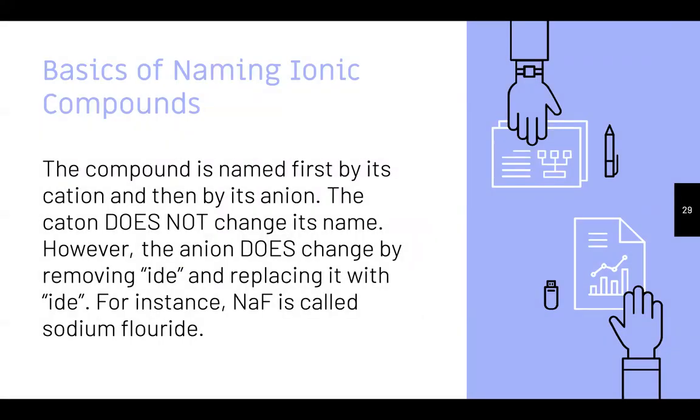The basics of naming ionic compounds: when you do take chemistry, you will get a little bit more in depth in this concept. But for now, just the basics is understanding the compound is named by the first, which is the cation, the metal, goes first, then by the anion, the non-metal.